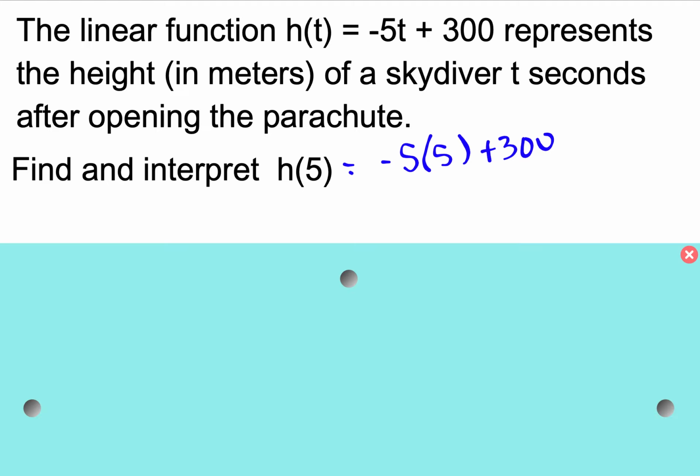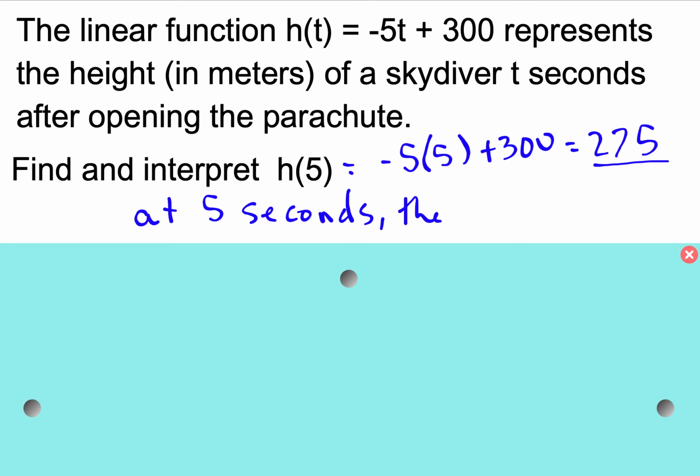Negative 5 times 5 is negative 25, plus 300 is going to give us 275. Now, to interpret that, since h of 5 equals 275, at 5 seconds after opening the parachute, the diver is at 275 feet above ground.